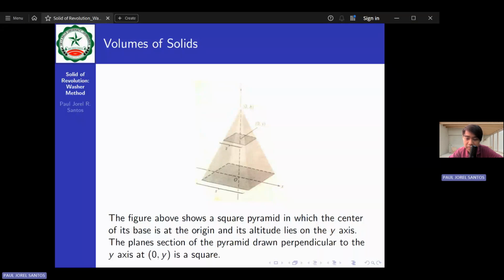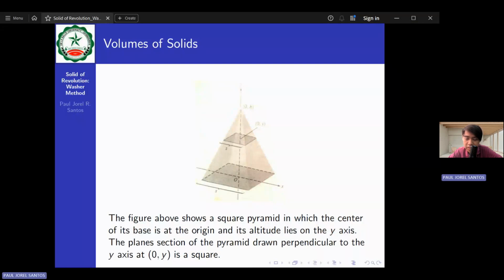Now, this is the plane section of the pyramid, drawn perpendicular to the y-axis. The point of intersection of the y-axis and this plane is at (0, y).